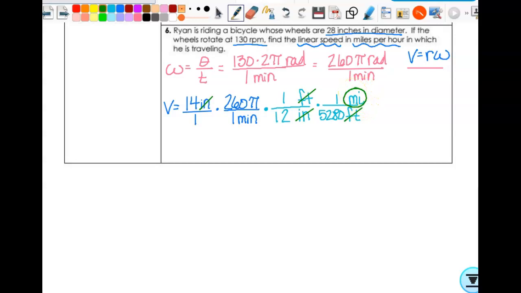I have minutes, but I need to get that to hours. So minutes is in the denominator, I put it in the numerator so it will cancel out. Hours down here. That way I know to put my 60 in the numerator and my 1 in the denominator. The minutes cancel out with minutes, and I've got hours, and I can't forget my pi. The rest is for the calculator.